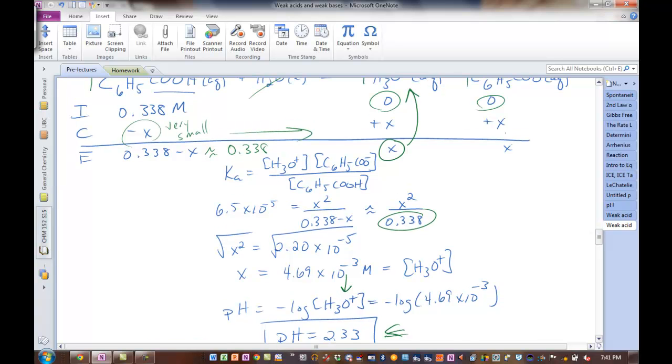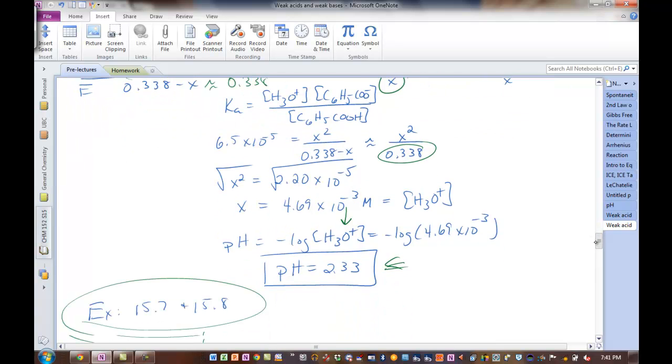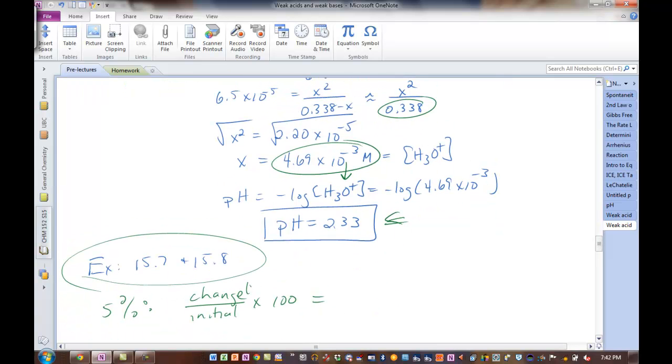Our change is x in this case, and here is our x value right there. Depending on the stoichiometry, depending on the coefficient, we've done some problems in class where it was 2x. This one is just x, so we plug in our x value, 4.69 times 10 to the negative third molar. Our initial concentration, 0.338 molar. That gives us a fraction, part divided by the whole. We multiply by 100 to get a percentage.